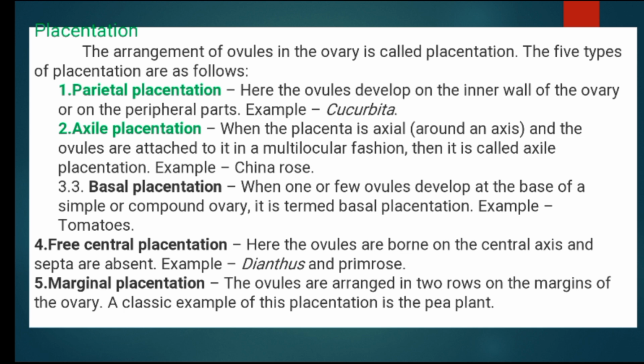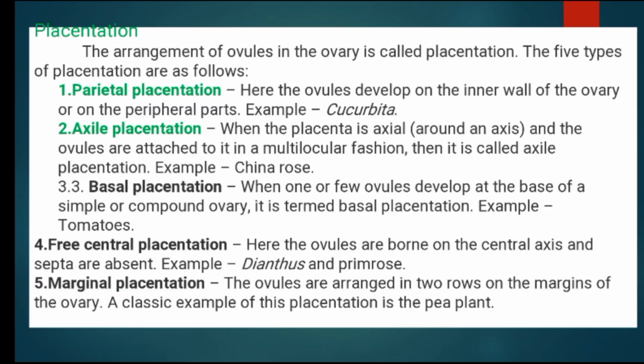The best example of free central placentation is Dianthus. Dianthus shows free central placentation, and these have a polycarpellary syncarpous multilocular ovary. If the septa from the folding of the carpel get dissolved, the ovary becomes unilocular. In such a case, the placenta develops only from the central axis without involving any part of the carpel. That is free central placentation.